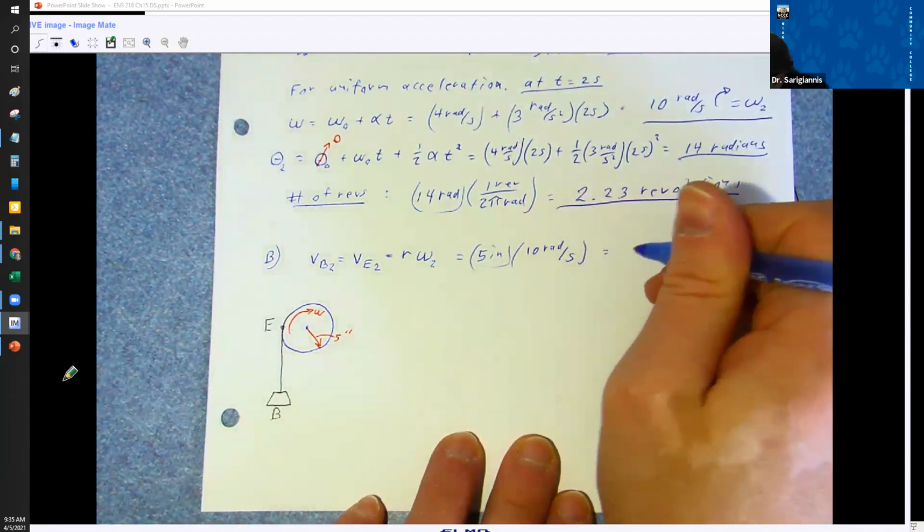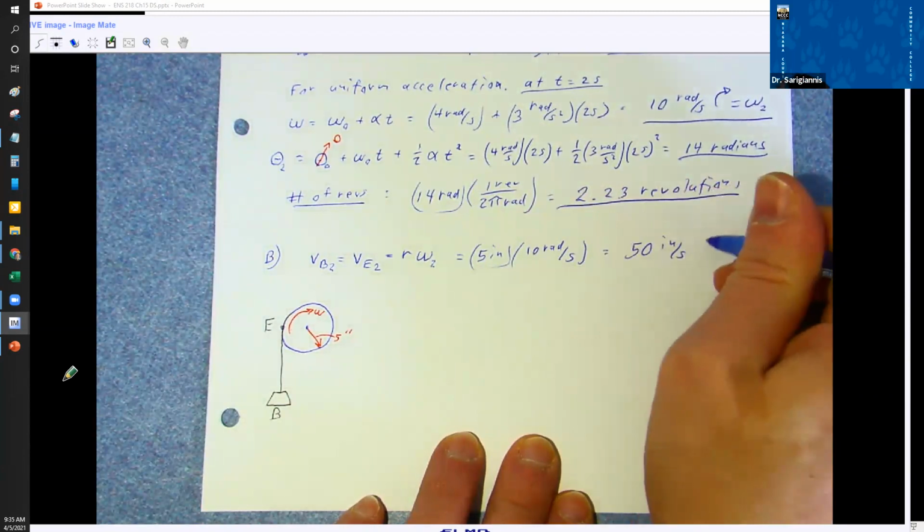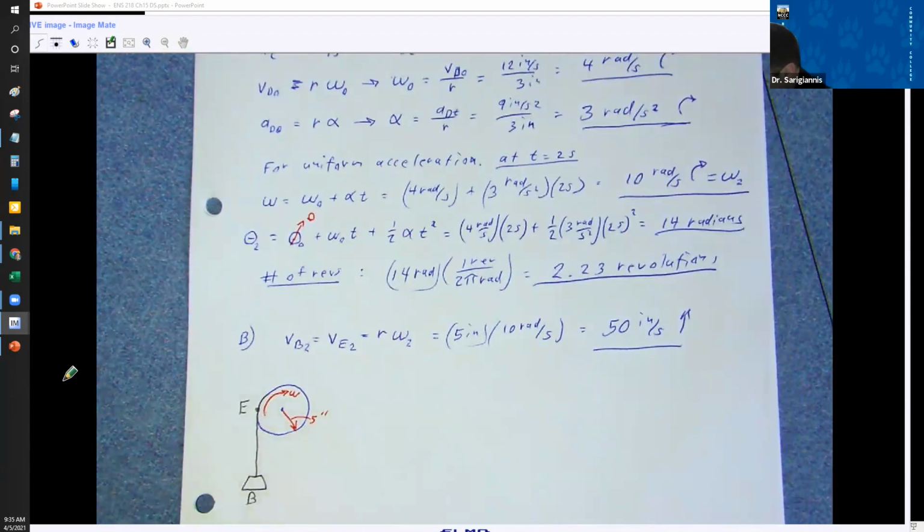So this gives me 50 inches per second. And the velocity is directed upward. B is always going to be moving, at least until it hits the pulley, up at 50 inches per second.